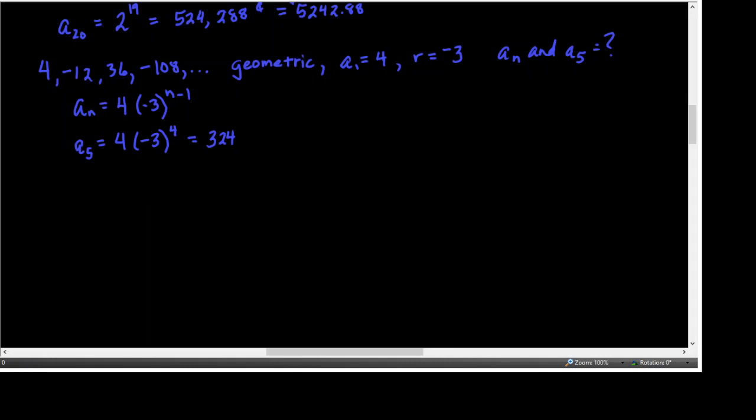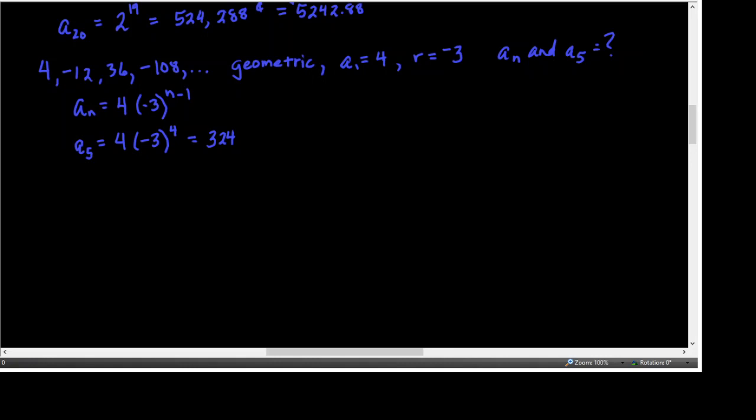So if the question is asking for one that's really close, you can just keep with the pattern if you want to. But at some point you're not going to want to do all that work. So it's probably good that you know both ways for a sub 5 here.